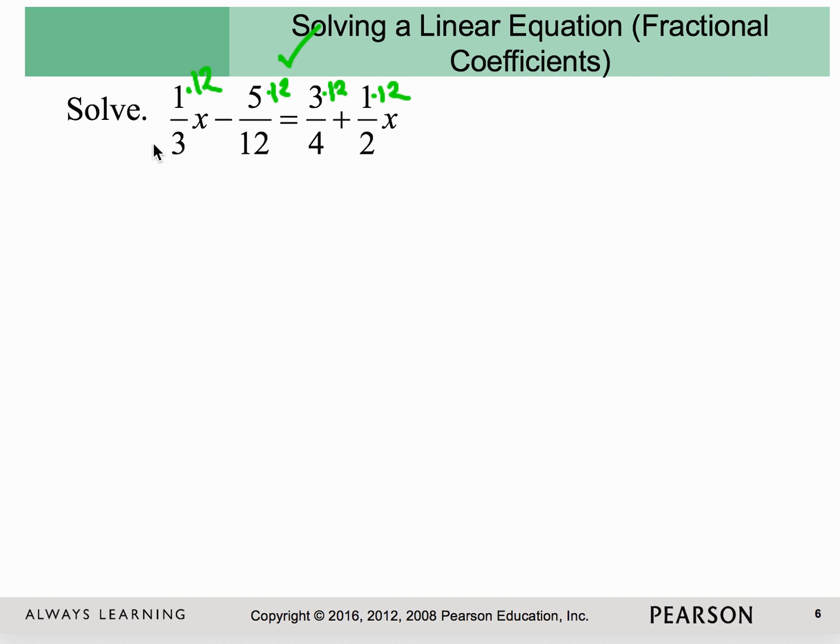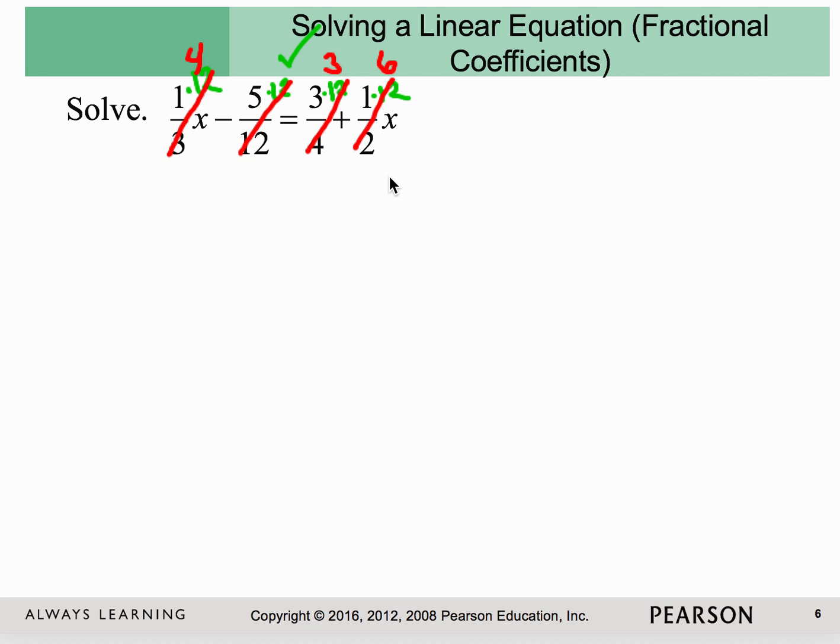But if all I'm doing is multiplying, then I can say, oh, 12 divided by 3, that leaves a 4. 12 divided by 12, they completely cancel. 12 divided by 4 leaves a 3, and 12 divided by 2 leaves a 6.